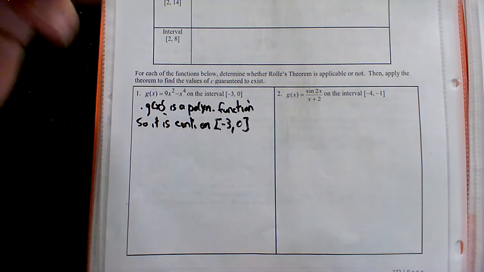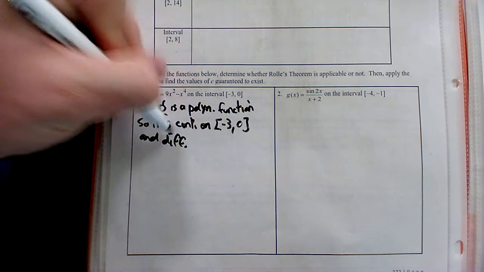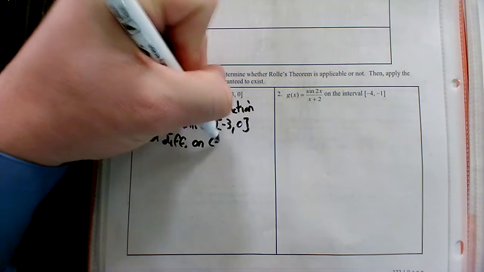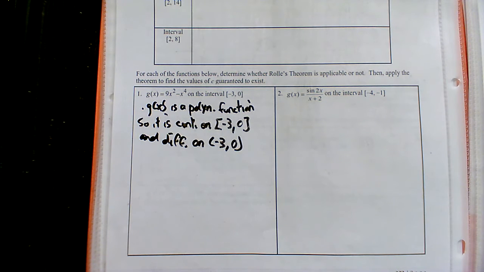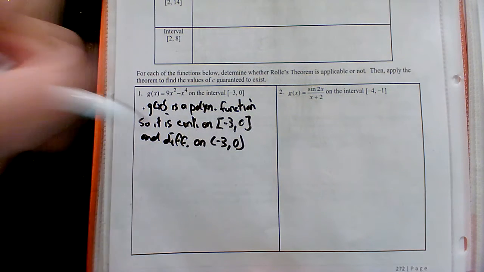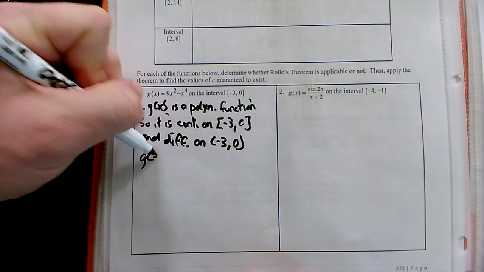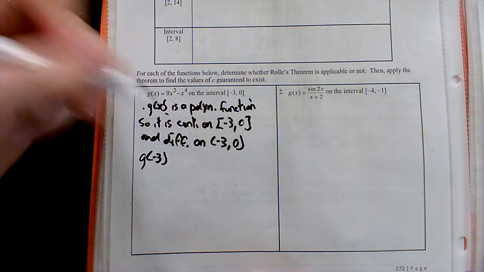I think so. It'll be differentiable on -3 to 0. So those are the first two stipulations, continuous and differentiable. Now we have to determine whether the endpoints, -3 and 0, give the same value to see if we can apply Rolle's theorem. So g of -3 needs to equal g of 0.